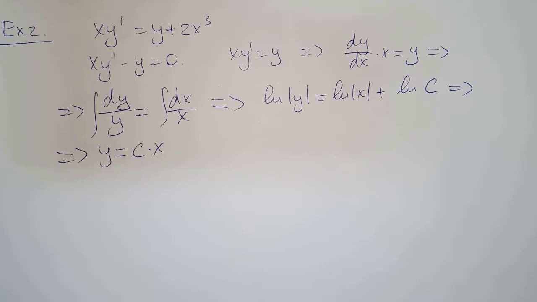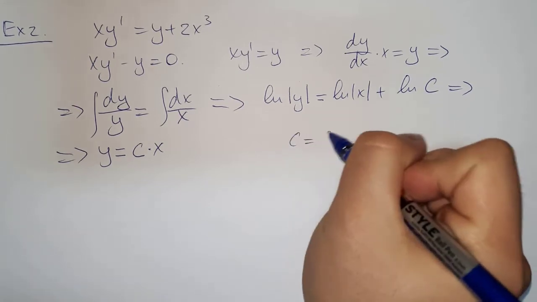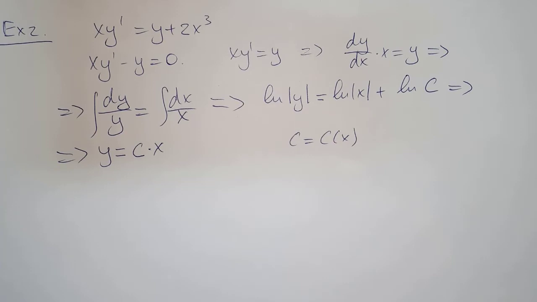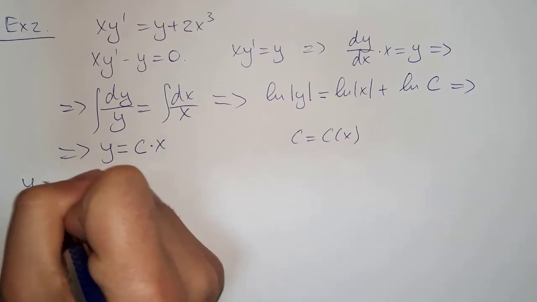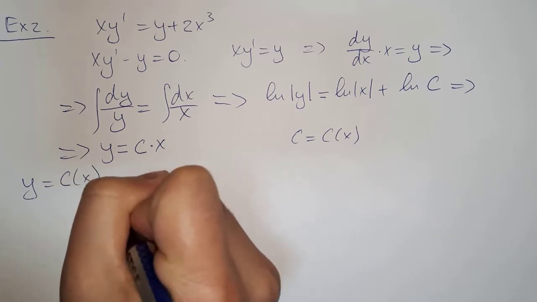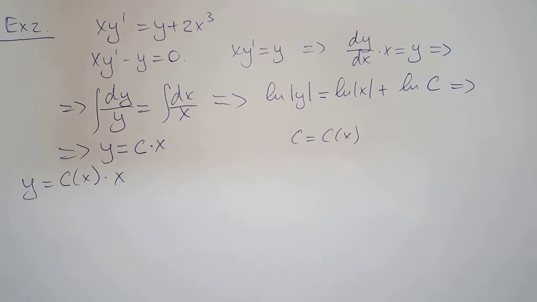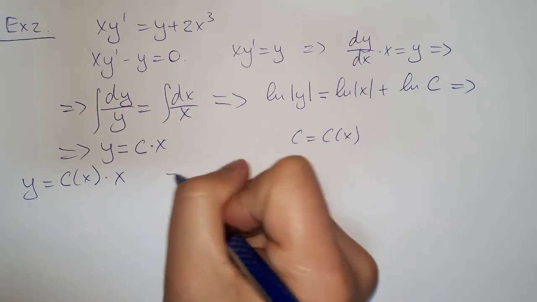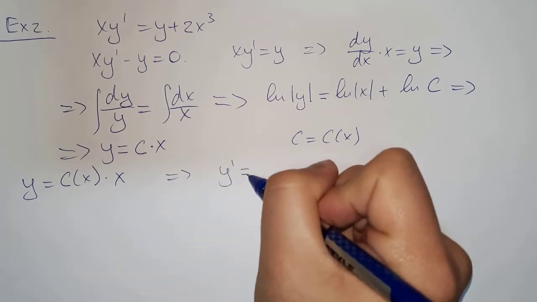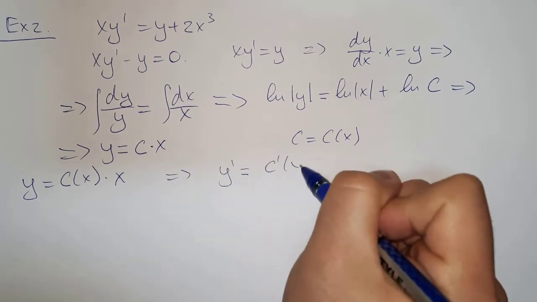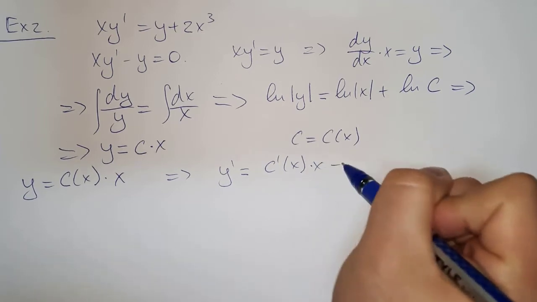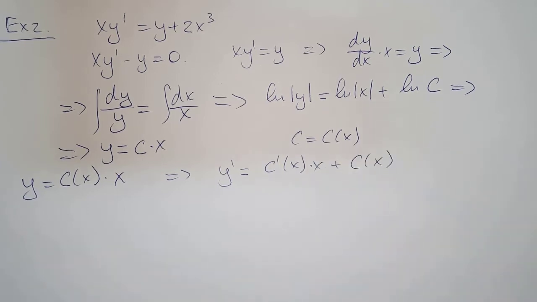And now we replace our constant with an unknown function c of x. So c is now c of x, depending on x. Okay, now our equation is y is c of x times x. Then y prime will be c prime of x times x plus c of x.